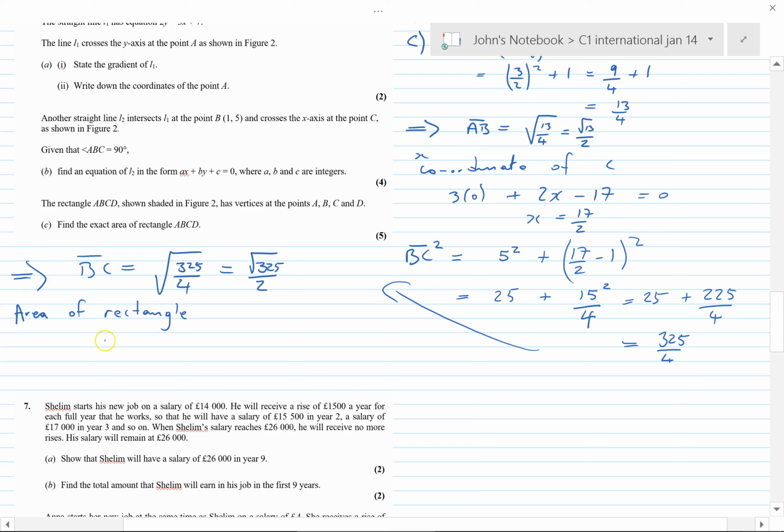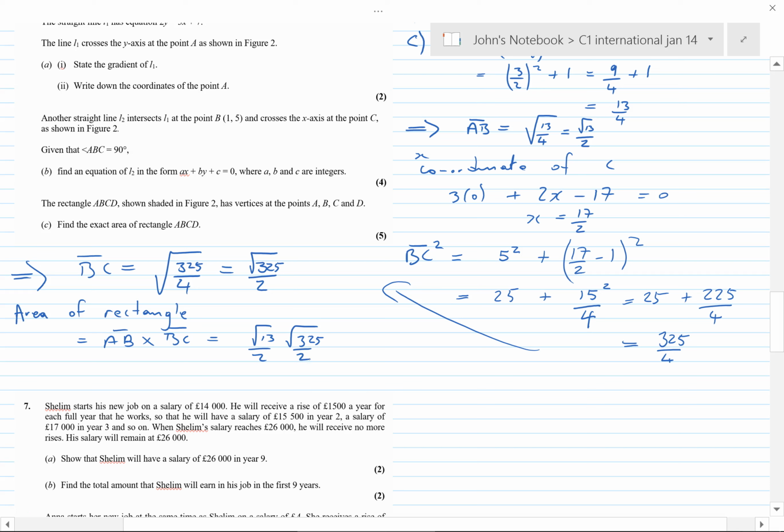It's basically equal to the length AB times the length BC. So that's equal to the square root of 13 over 2 times the square root of 325 over 2.